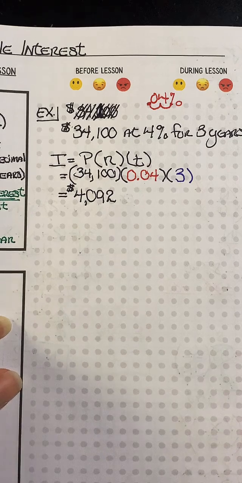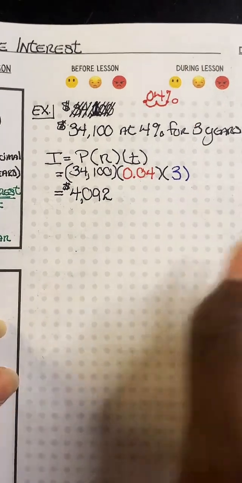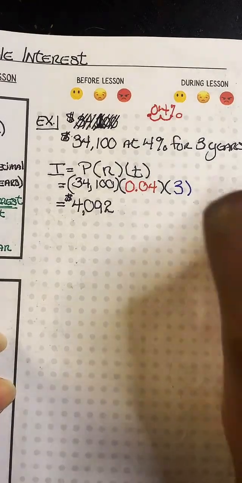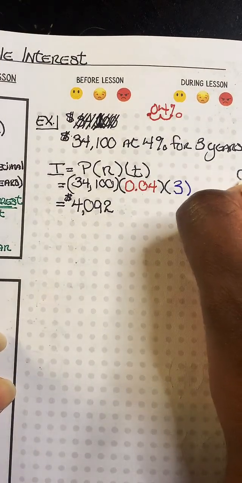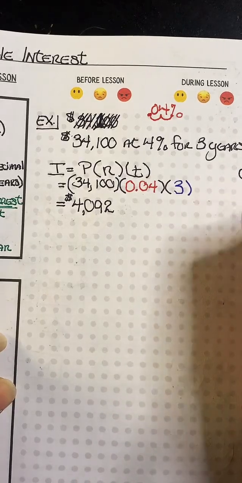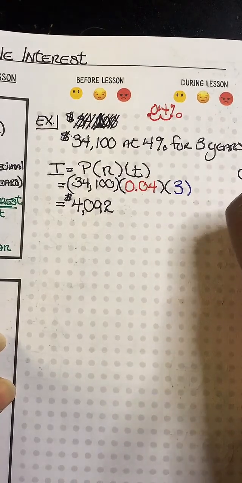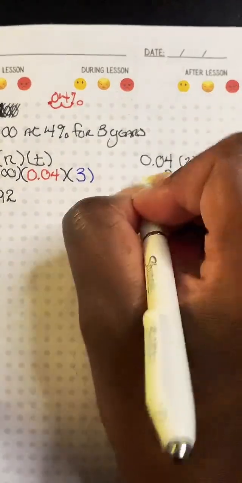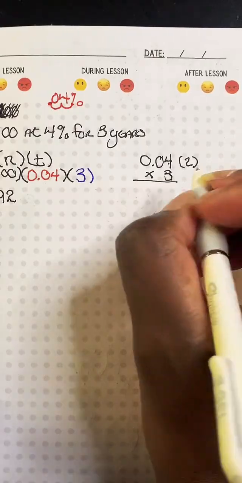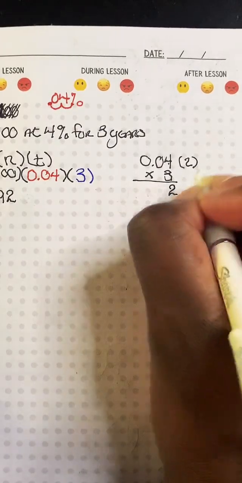So what happened to the decimal? If I have my 0.04 times 3, that's 2 decimal places. Okay, 4 times 3 gives me 12.